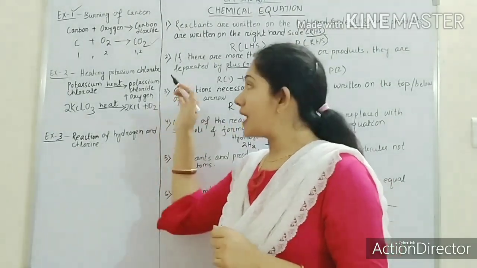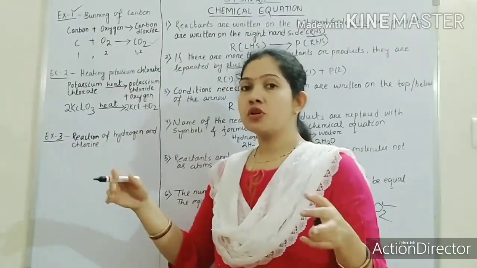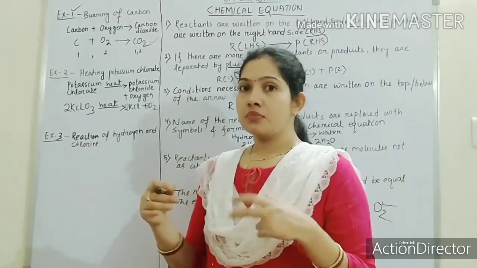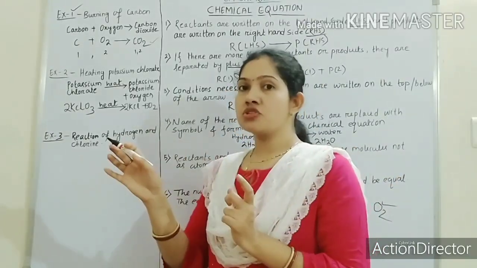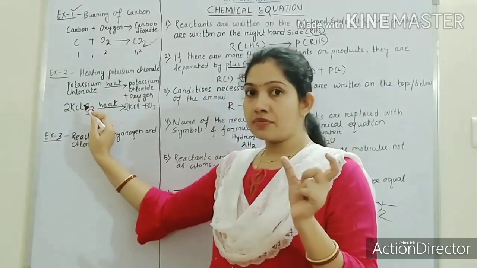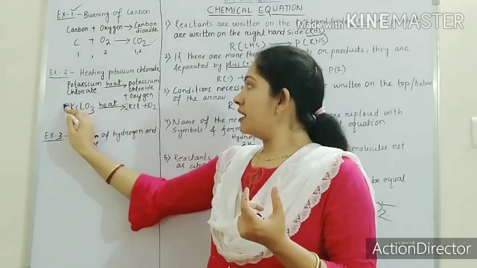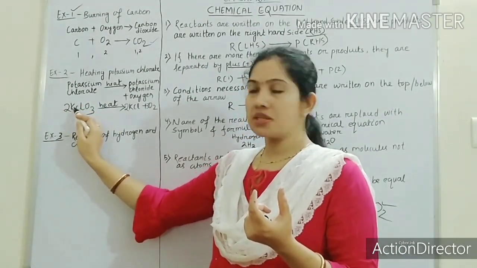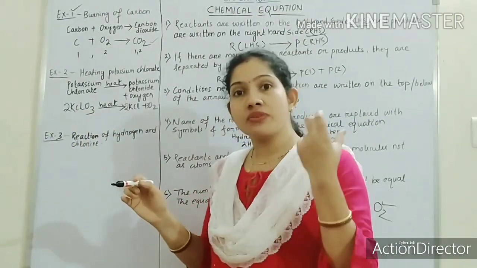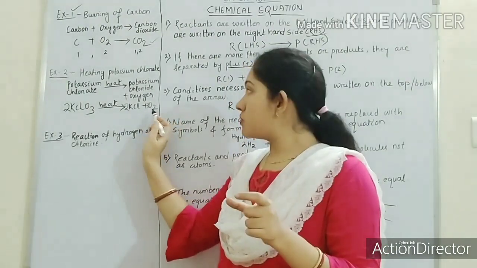Like this you have to balance the equation and check it a number of times, because as you are doing it for the first time you may make mistakes. And this one I have already discussed. 2 KClO3 means 2 molecules of KClO3. 3O2 means 3 molecules of oxygen.